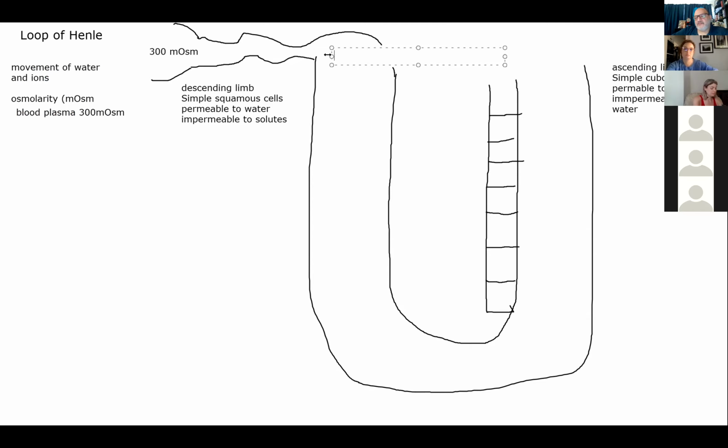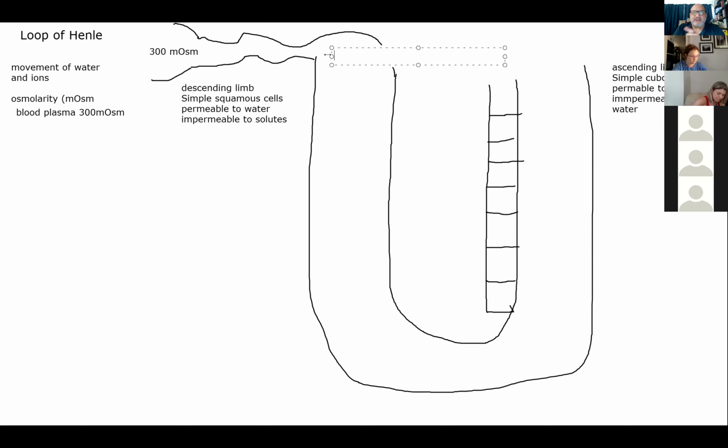No one wants to hazard a guess? Half, that's not a bad guess. However, remember, osmolarity is the measure of the stuff in the fluid. As stuff gets moved back into the body, remember, as we talked about, we have that obligatory water reabsorption where the water is going to follow the stuff.